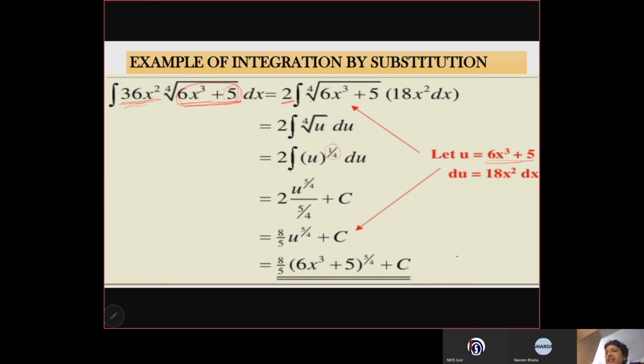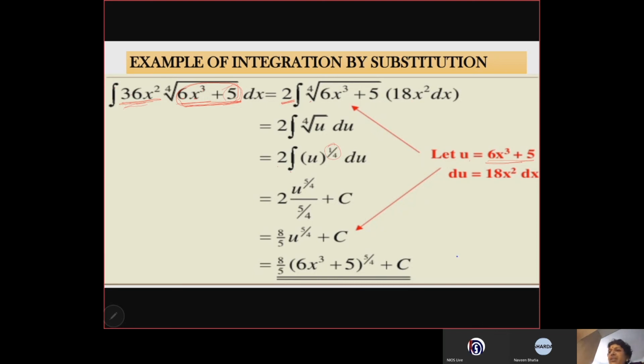So your n in this question is 1/4. So what would be the integral? n + 1, so 1/4 + 1 is 5/4. So 2 into u^(5/4) upon 5/4, plus c. Right? So this becomes (8/5) u^(5/4) + c. And once you substitute the value of u, you get your answer.